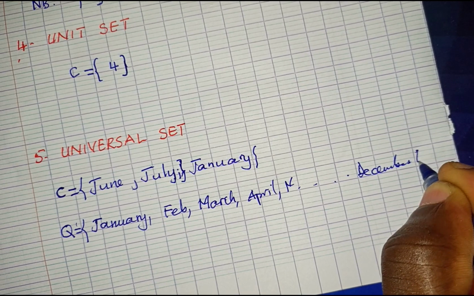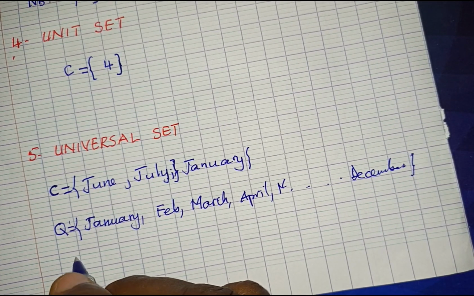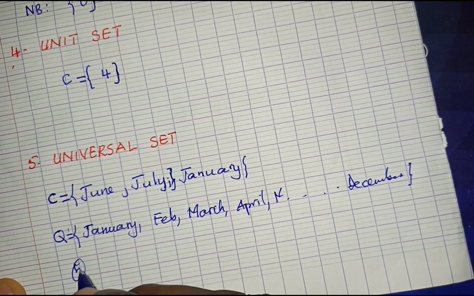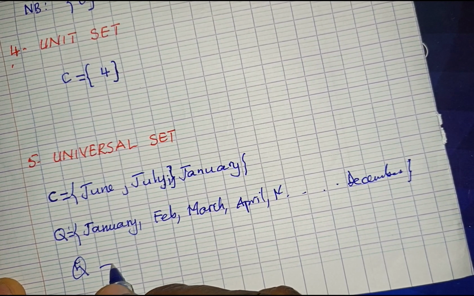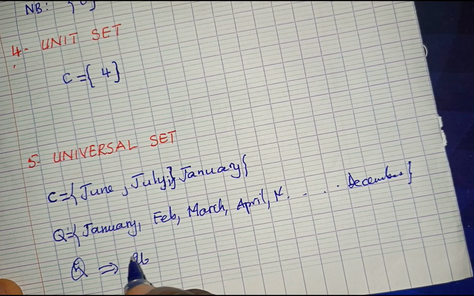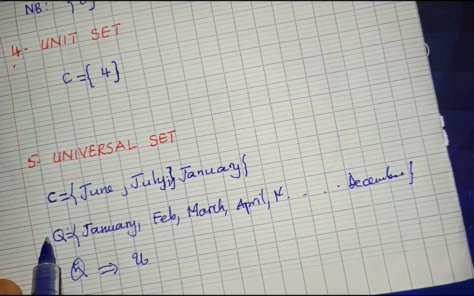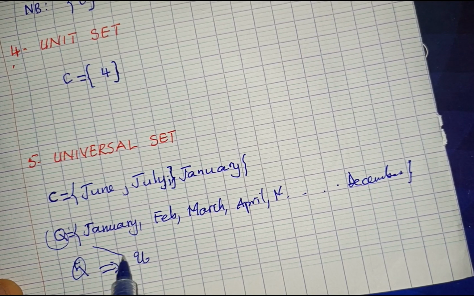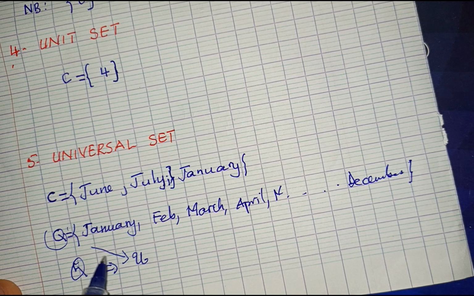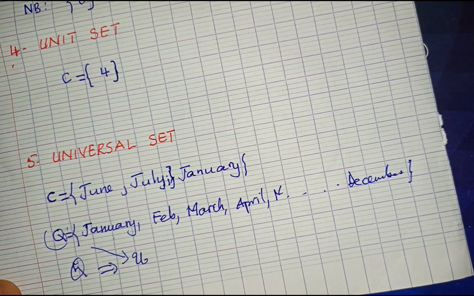So in this case, I will take set Q as the universal set, and the universal set can also be denoted as U. So this Q is the universal set, and I study all the elements and I study which of the months of the year are found in this set. Thank you.